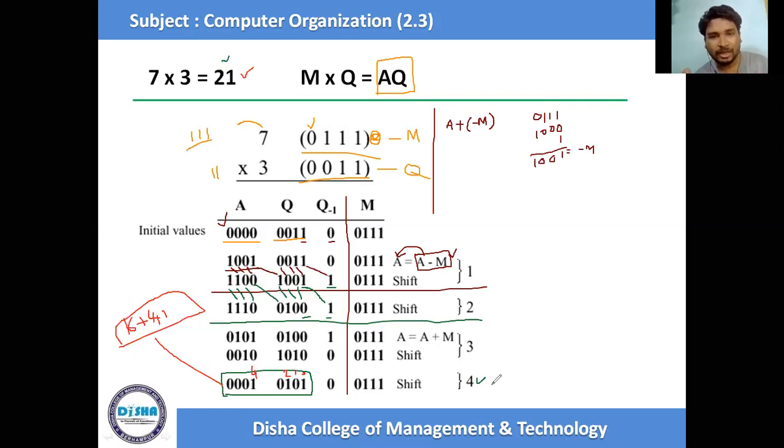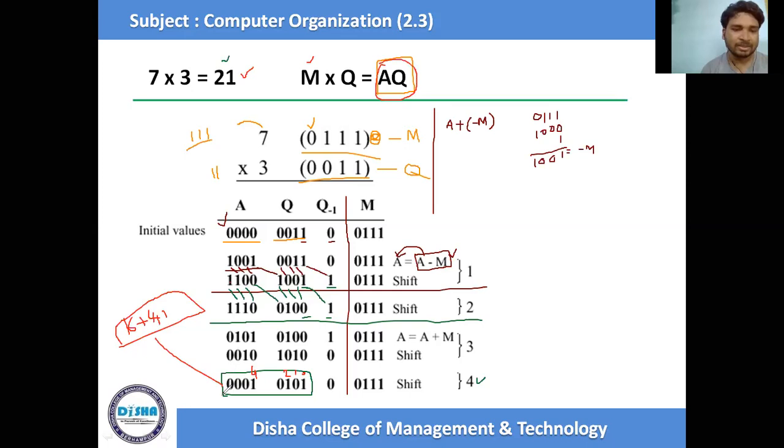How many steps we continue depends completely on the number of bits of M or Q. Here I said that in Booth's algorithm, when I multiply M and Q, I get the result AQ. Why AQ?